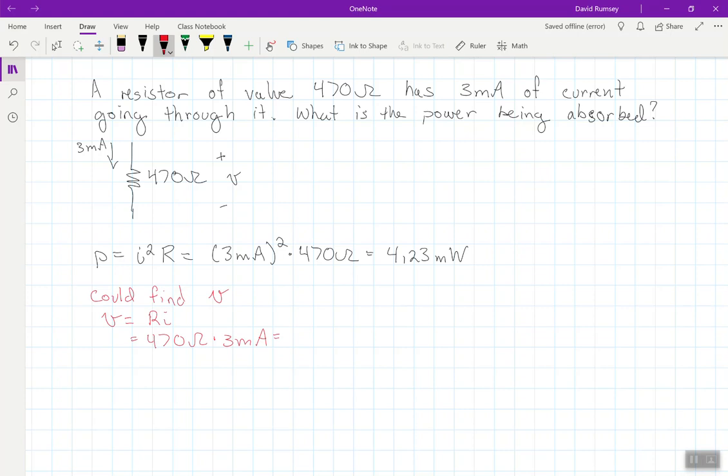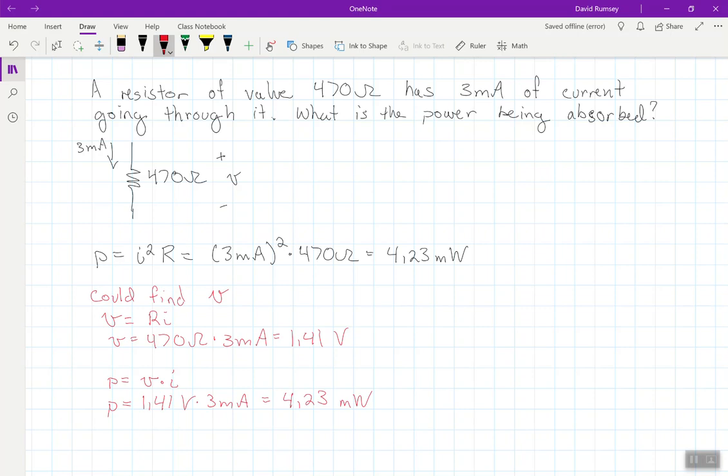And we would have gotten 1.41 volts for this voltage. And then we could say, well, power is voltage times current. So power is 1.41 volts times 3 milliamps. And of course, if we do that computation, we get the exact same answer, 4.23 milliwatts.